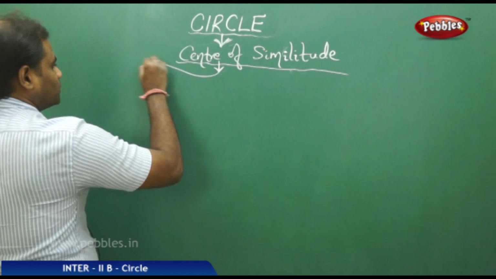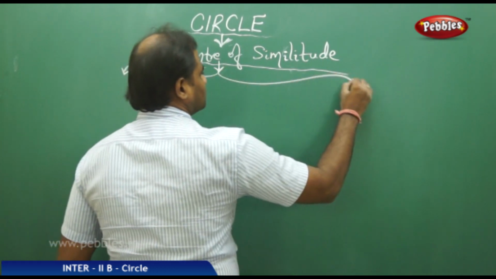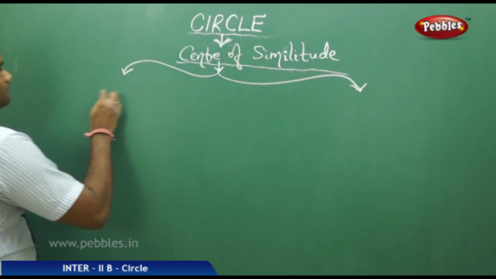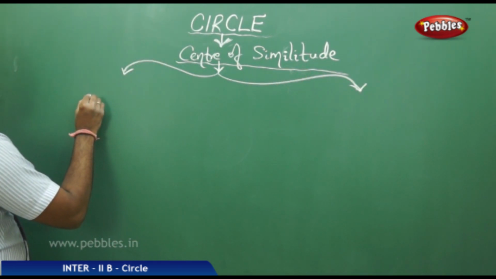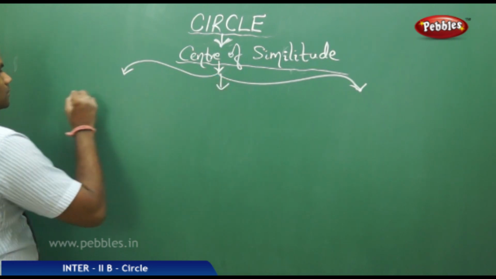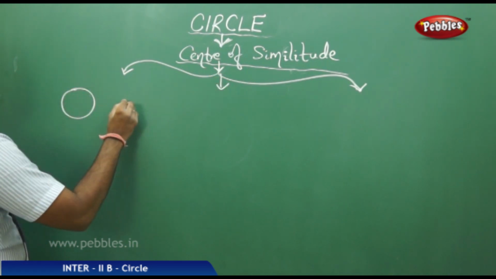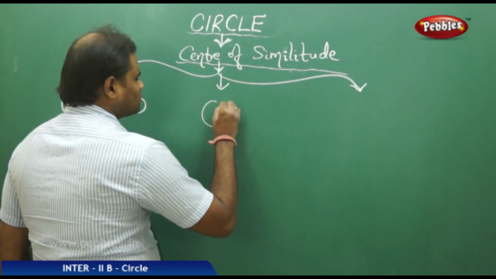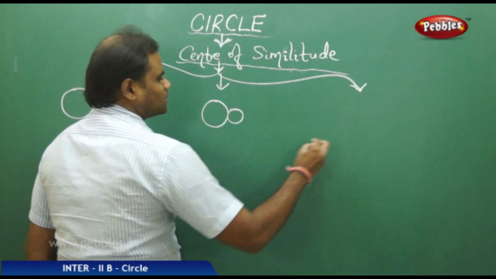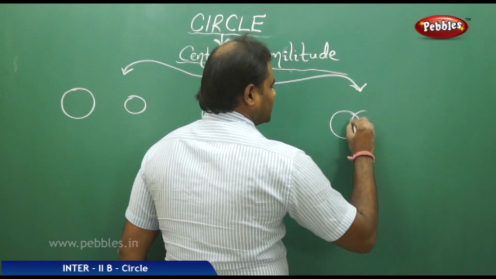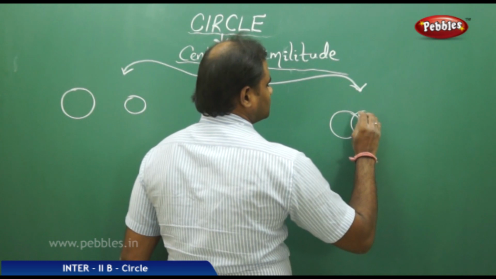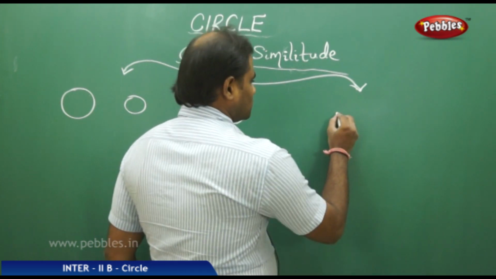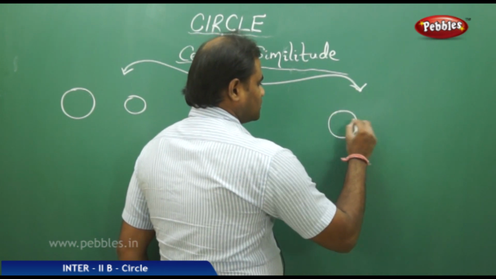To bring back all the three cases, I have these two which are disjoint circles, these two are touching circles, and these two are intersecting circles.